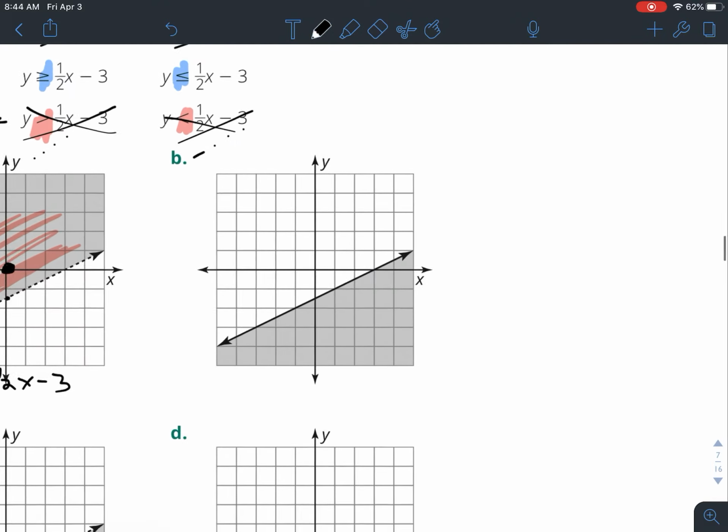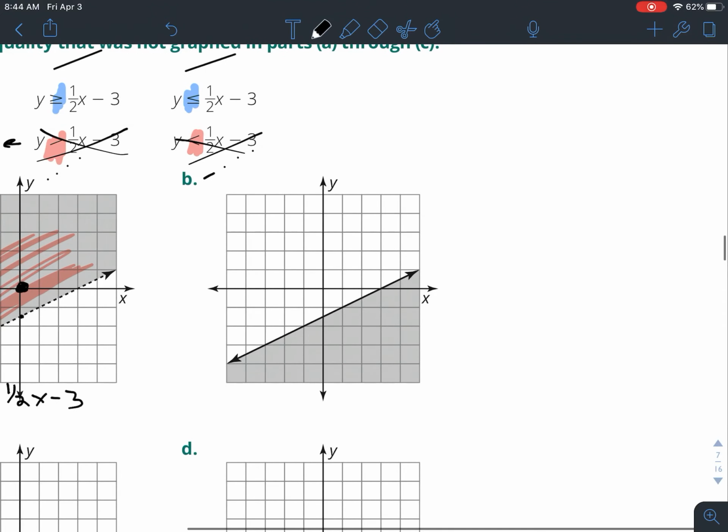Now, let's look at letter B. Let's try the first top one. We're plugging zeros in to check them. 0 is greater than or equal to 1/2 times 0 minus 3.